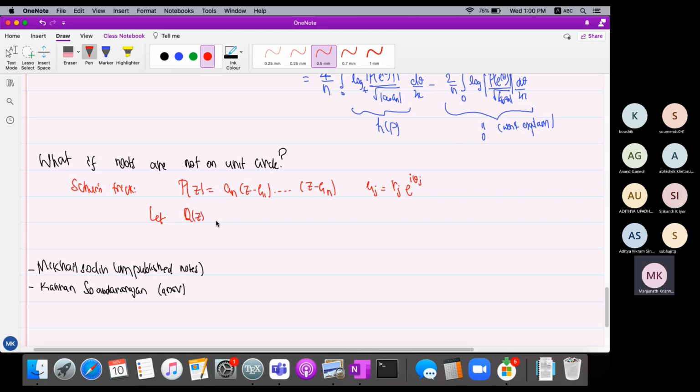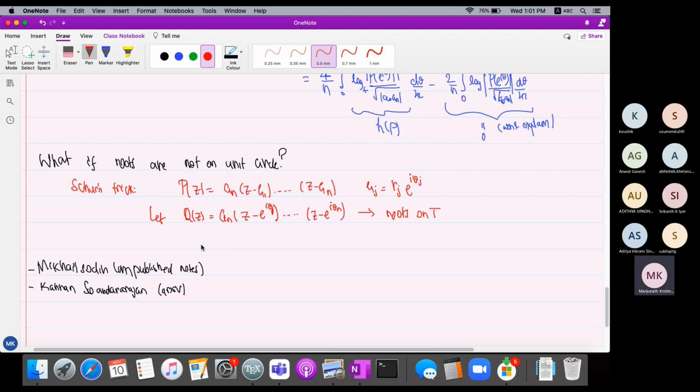So let's compare it with a polynomial whose roots are e^(i theta_1) up to e^(i theta_n), so z minus e^(i theta). This has roots on the unit circle.